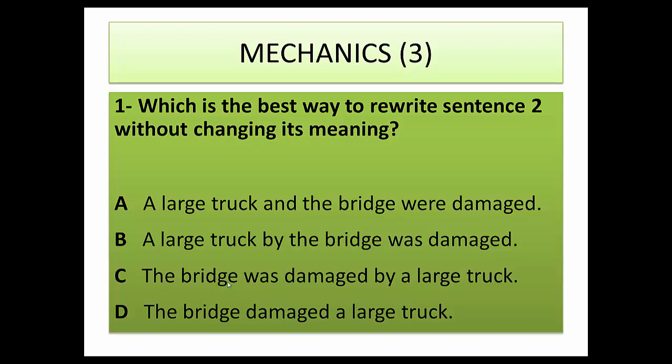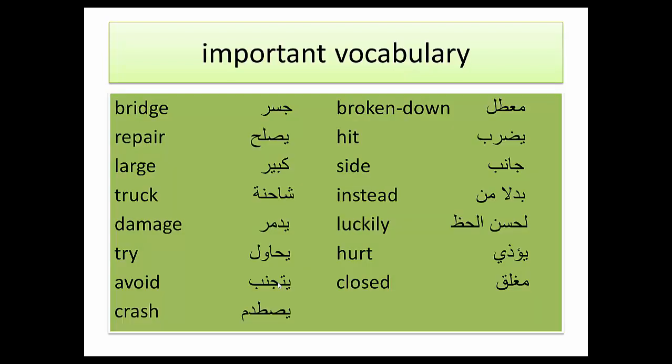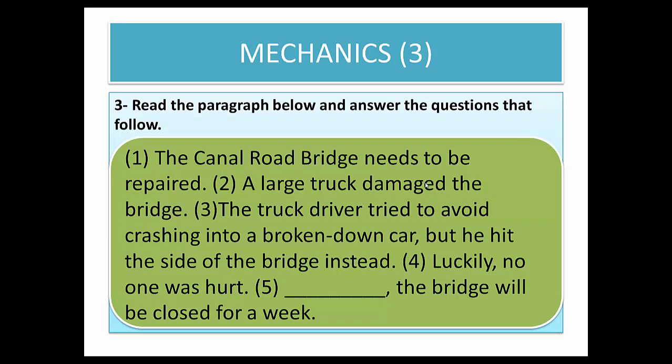Okay. The bridge was damaged by a large truck. Maybe. You know how this sentence is formed? It's something that we spoke about. Look at these two words. Was damaged. And I want you to have a look at this word. A large truck damaged the bridge. Okay.